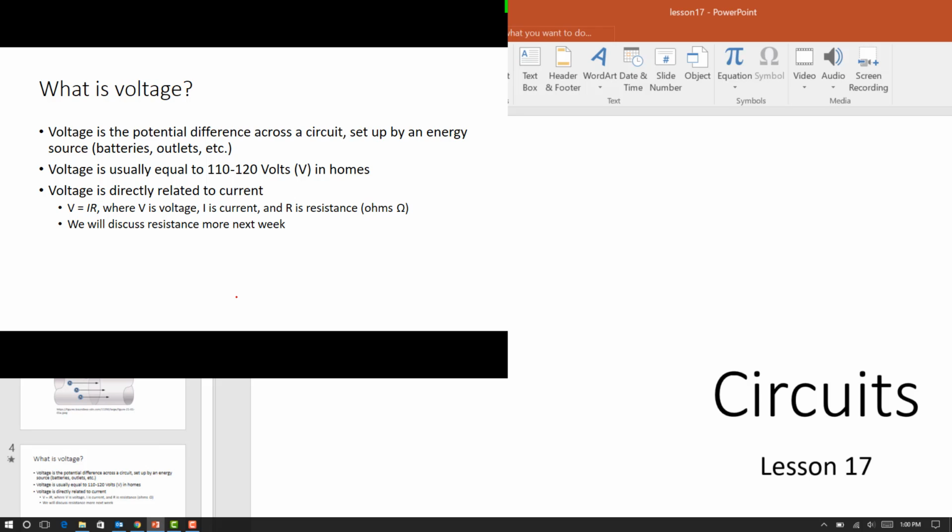If voltage is electric potential and current is the amount of charge moving through the wire every second, which one do you think is more important when you're talking about the potential danger? So voltage, so there's a volt for voltage in terms of potential difference.